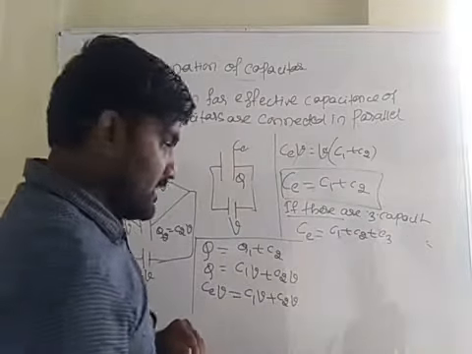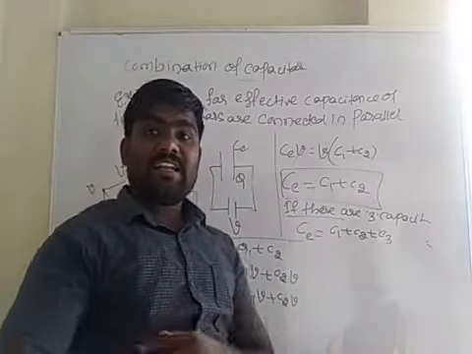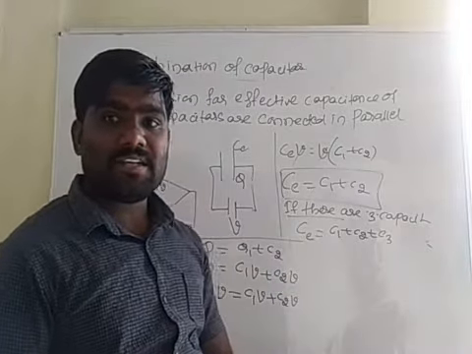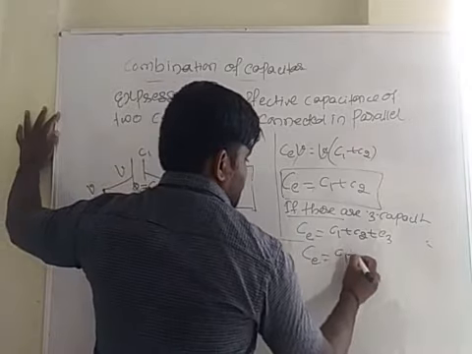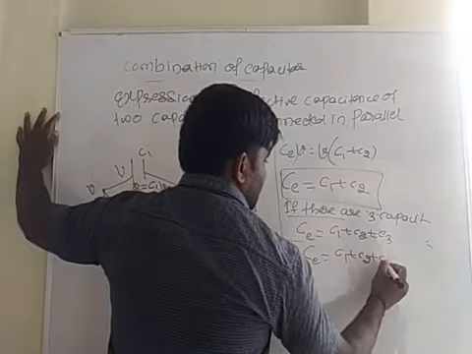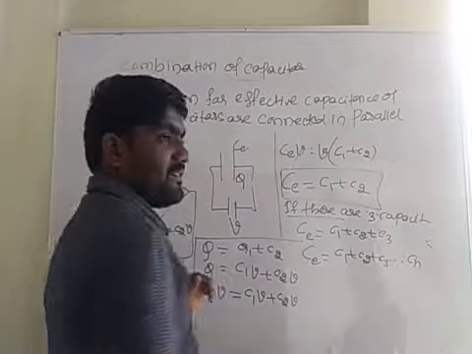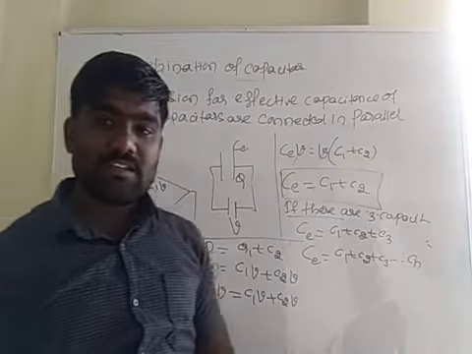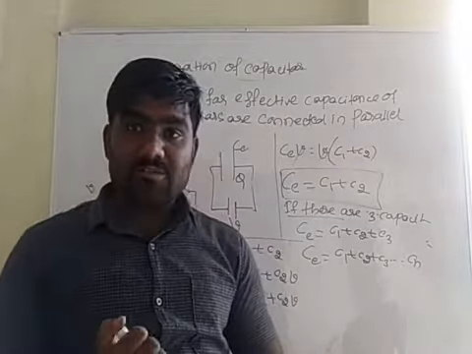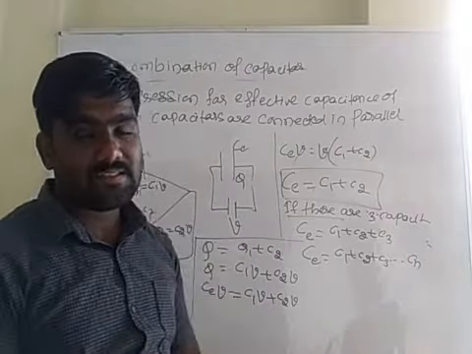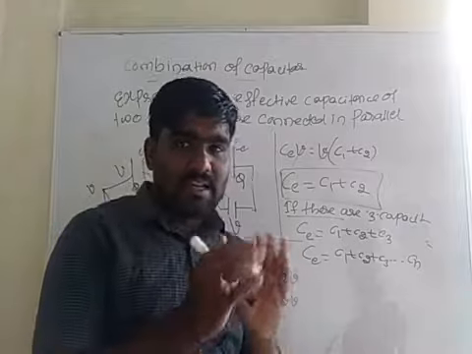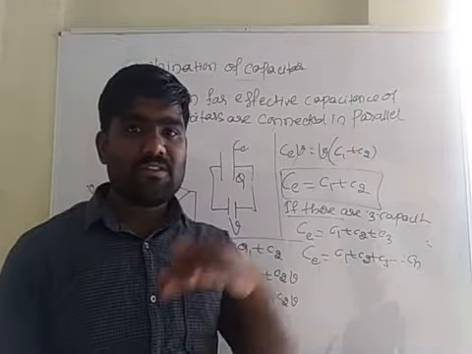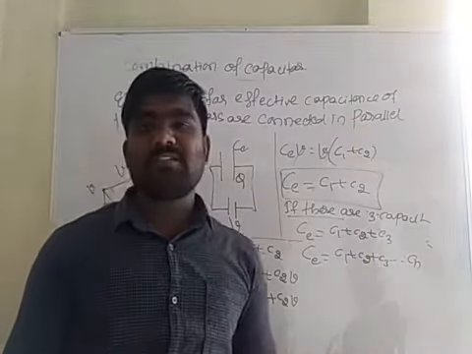If there are n capacitors connected in parallel, then C effective is equal to C1 plus C2 plus C3 up to Cn. This is about series and parallel combination of capacitors. Based on this, we will solve some problems.